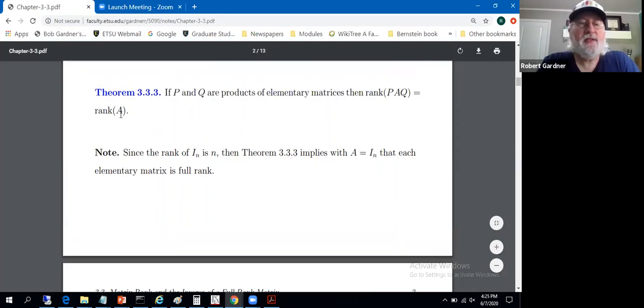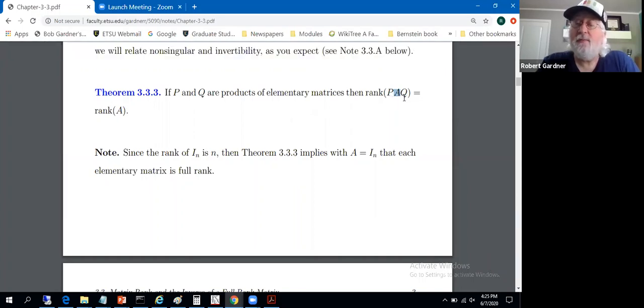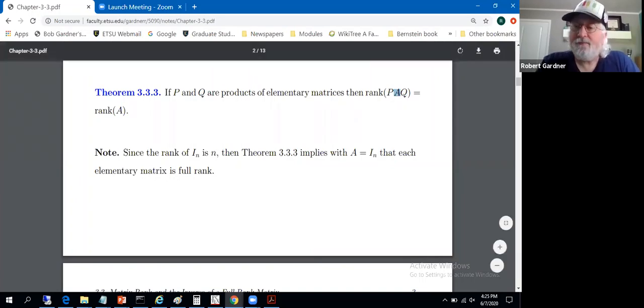We took A to be I sub n, the rank is n. If we then stick an identity matrix in here, we've got a product of elementary matrices times more elementary matrices. You've got a product of elementary matrices. So every elementary matrix must be of rank n. Actually, every product of elementary matrices must be of rank n as well.